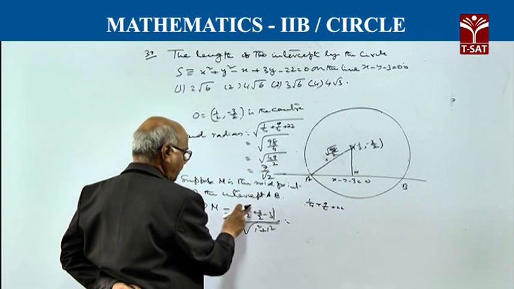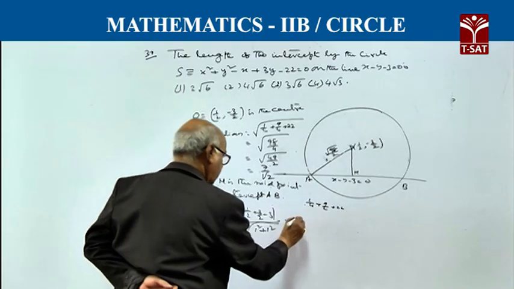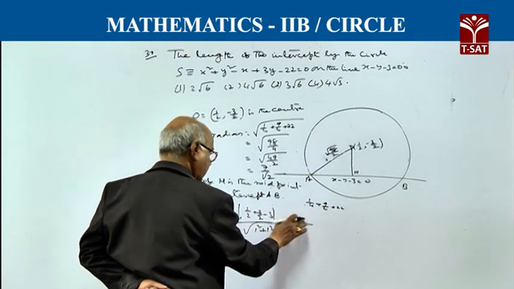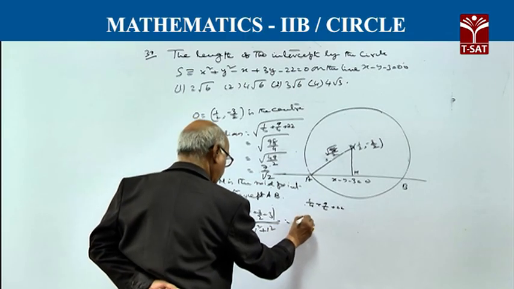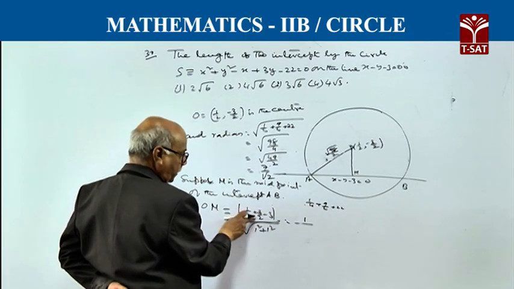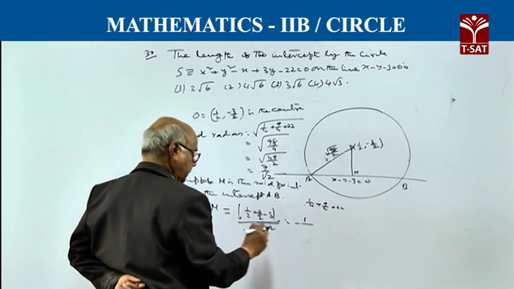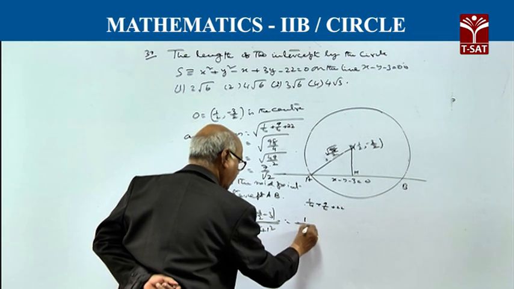So this will be 4 minus 6, 2 by 2 means 1. So 1 by root 2. See, half plus 3 by 2 means 2. 2 minus 3 means 1, modulus 1 by root 2.